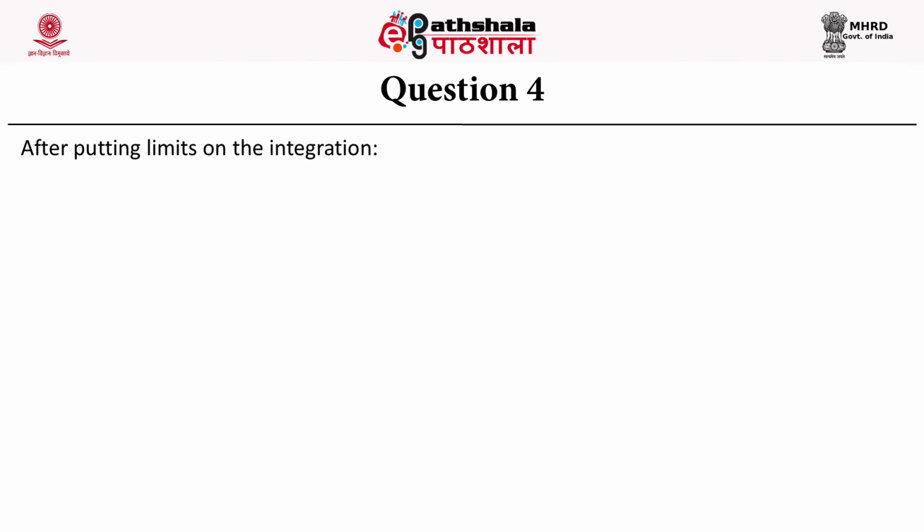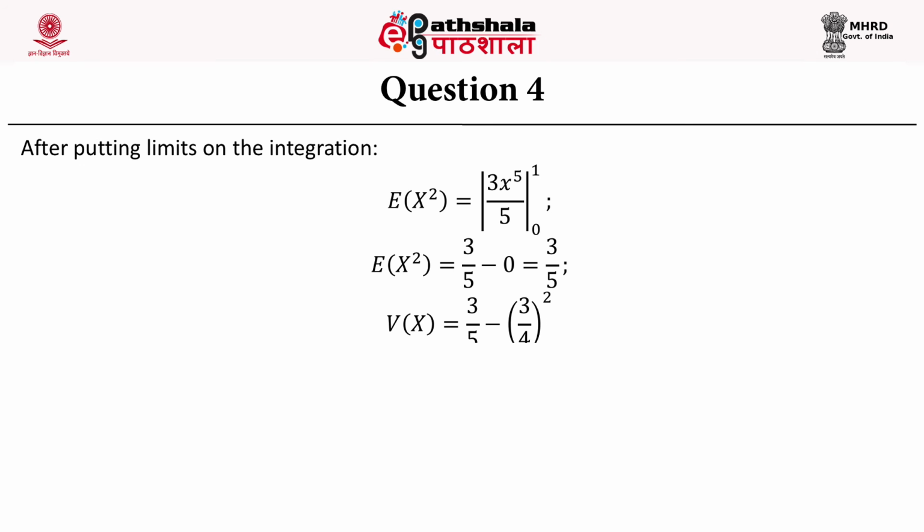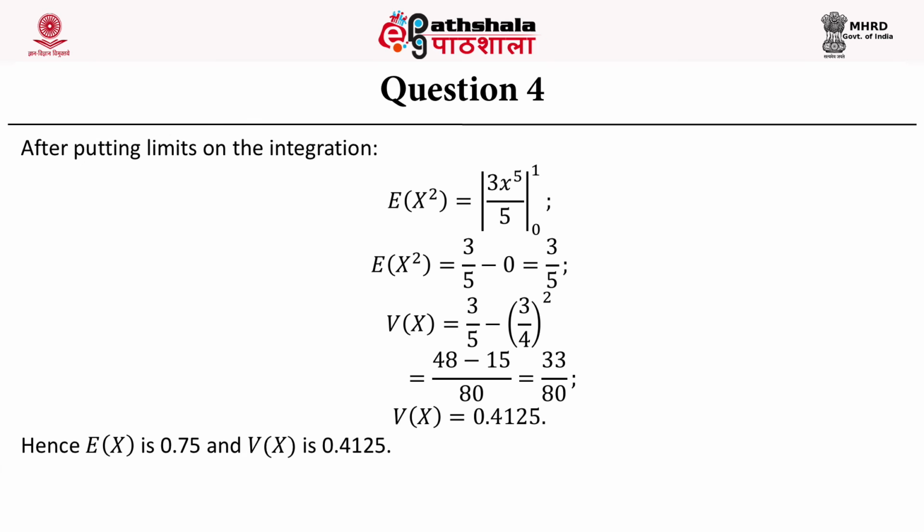After putting the limits on the integration, we will get expectation of x square equal to 3 by 5 and variance of x equal to 0.4125. Hence expectation of x is 0.75 and variance of x is 0.4125.